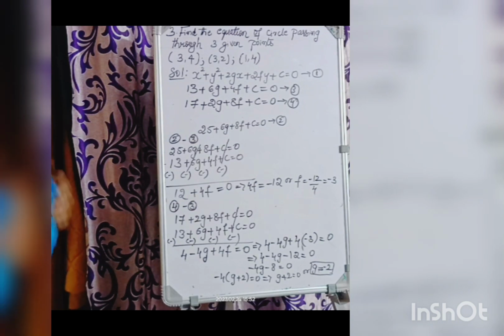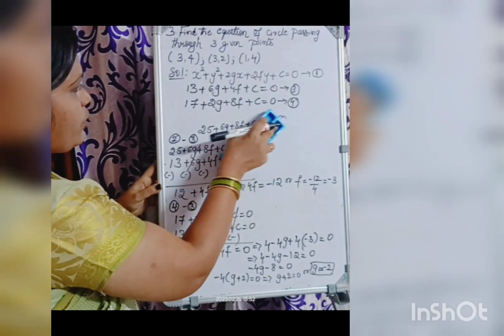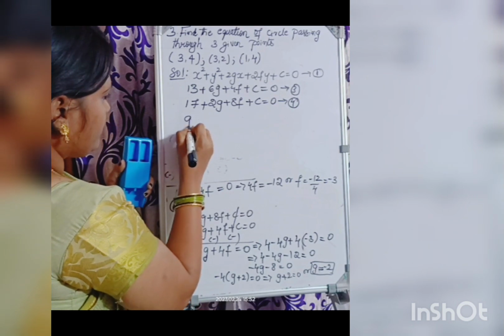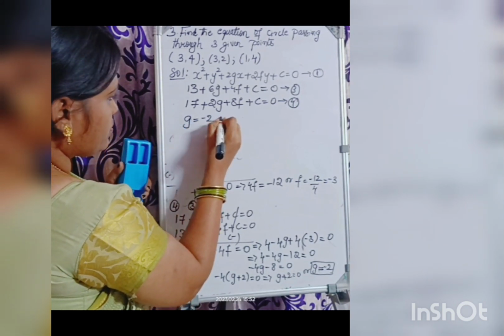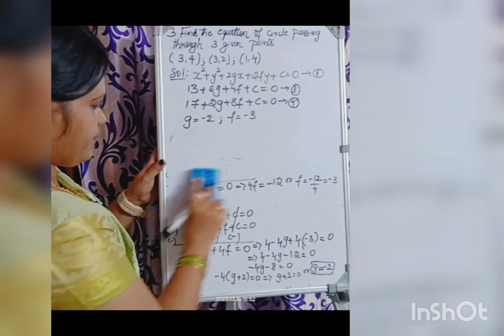Got it? So from solving these simultaneous equations, the g value we got is minus 2, and the f value we got is minus 3.